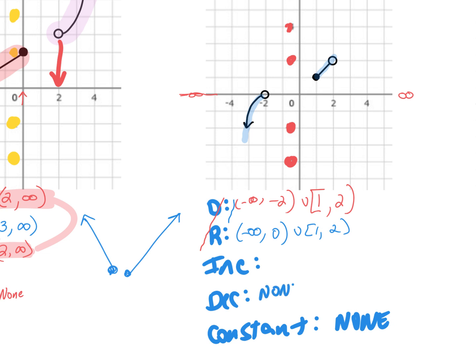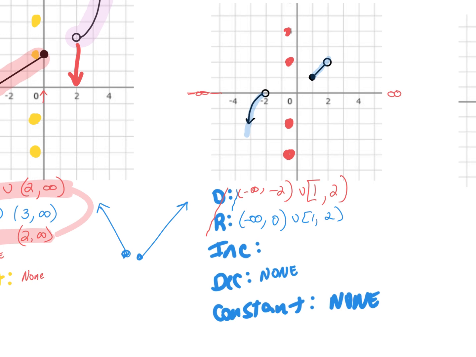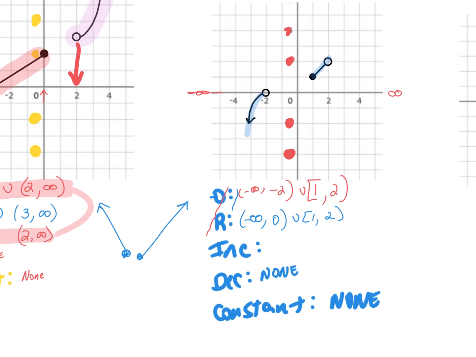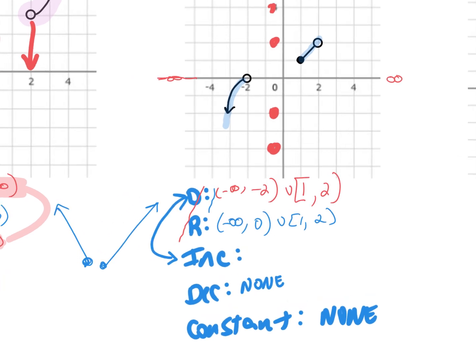So what can you write for decrease? None. And what did I say? Domain and your intervals of increase, decrease, constant go together. So if the only thing it's doing is increasing, think about it. This is increasing from where to where? Negative infinity to negative 2.